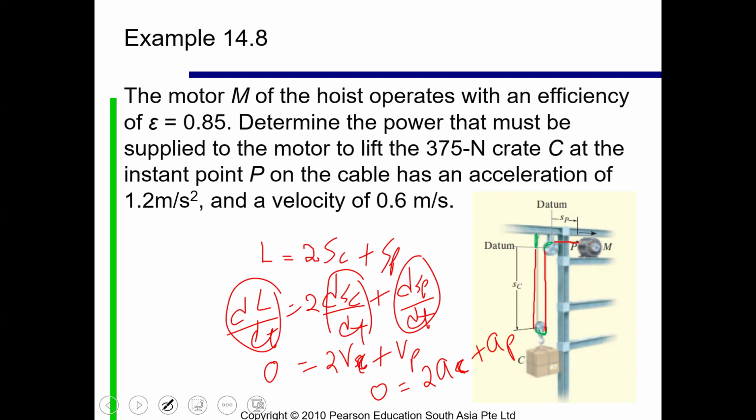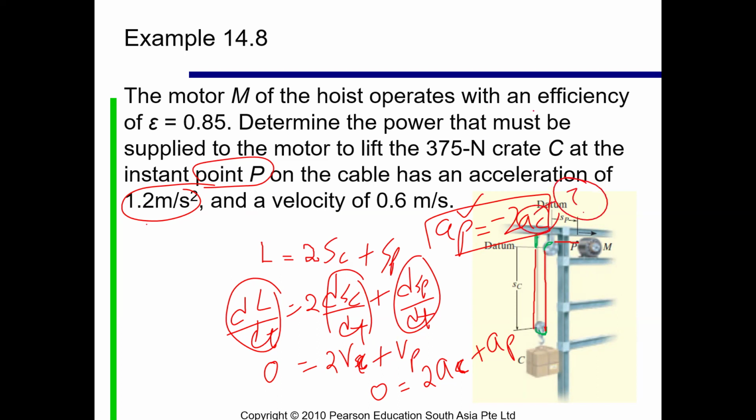Or in other words, when you rewrite, AP is equal to minus 2AC, right? You got this equation. Now, the question is giving us this value. The acceleration is provided for point P as 1.2 meter per second squared. So we technically know the acceleration at P, and using this value, we can calculate how much is AC, right?